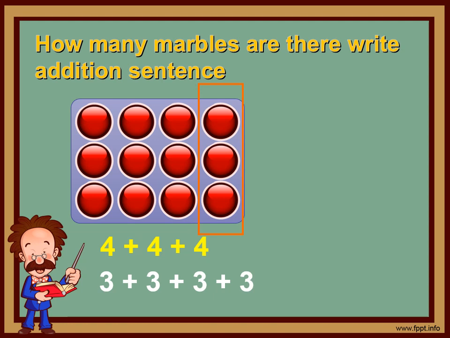So either I write it by rows, 4 plus 4 plus 4, each row has 4, or I can write it by columns, each column has 3, so it's 3 plus 3 plus 3 plus 3. Okay, this is your addition sentence. You took all that before, right?